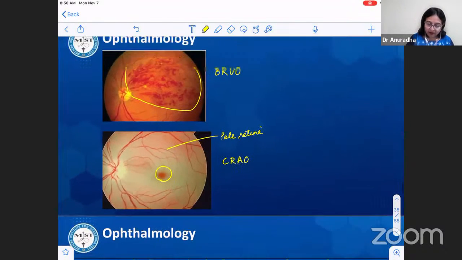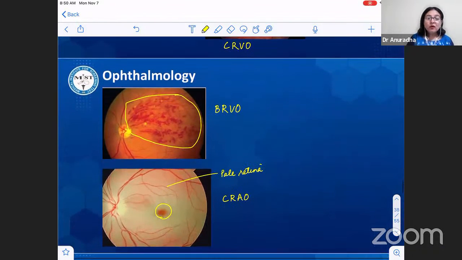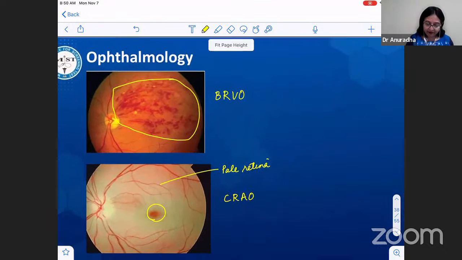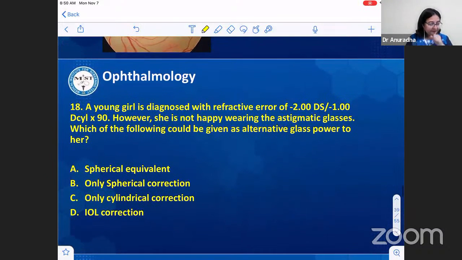Yes, perfect. So these 3 conditions, beta: CRVO, BRVO, CRAO. All of them can present with sudden painless loss of vision, but try to see what the fundus findings are. Okay, beta, moving on to the next question.